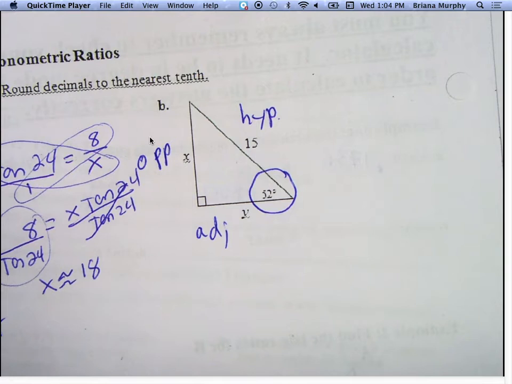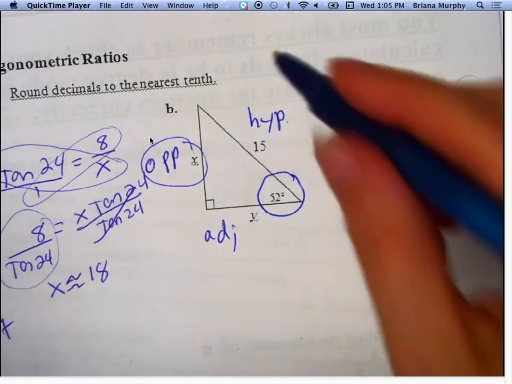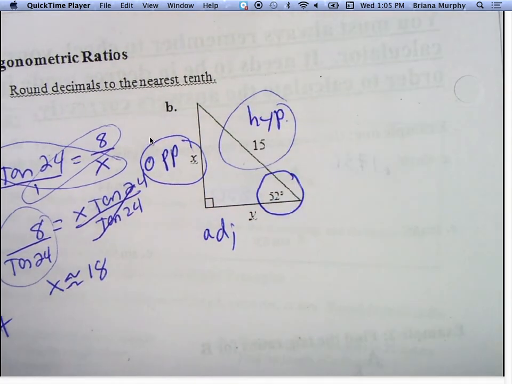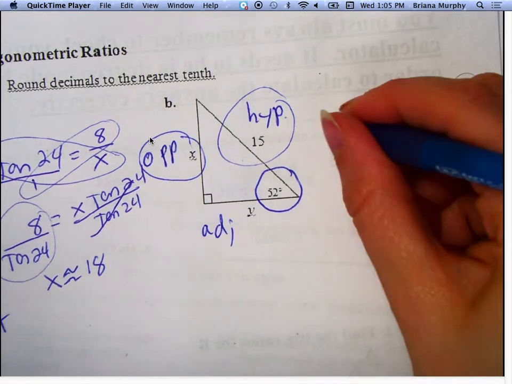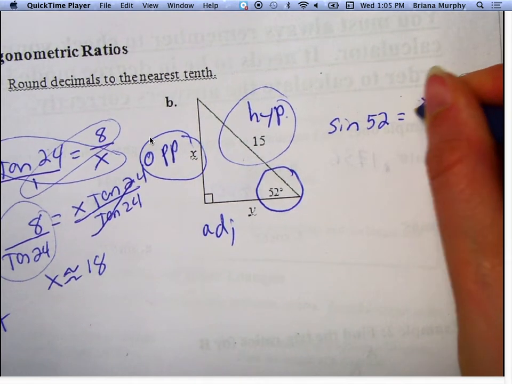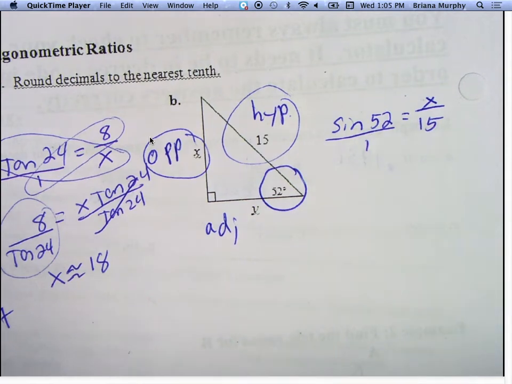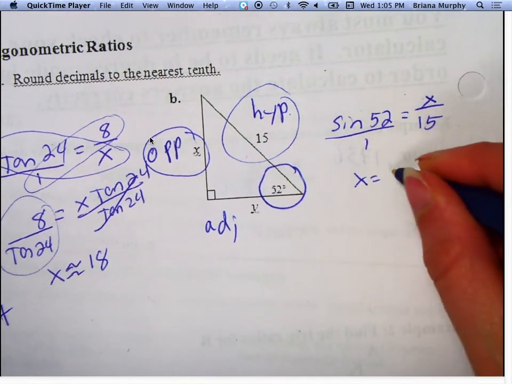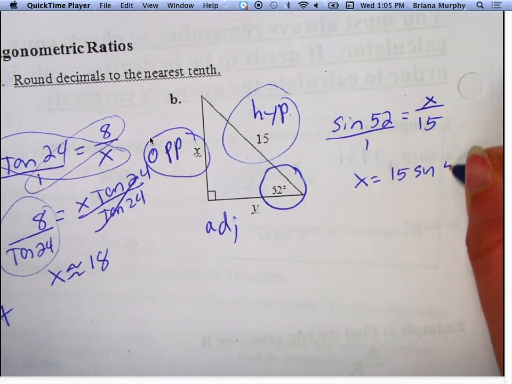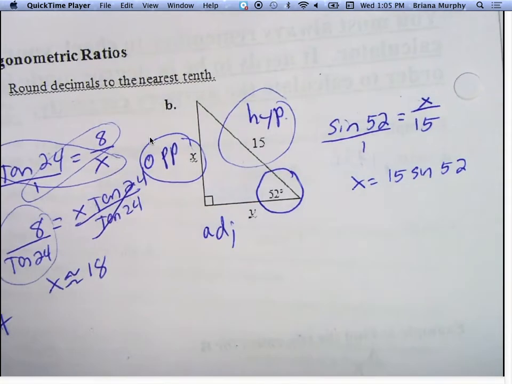Okay, so let's find x first. We've got opposite, and what other one has a number next to it? Hypotenuse. What's opposite and hypotenuse? Sine. So the sine of 52 equals opposite x over hypotenuse 15. We make a 1 underneath, and then we're cross multiplying again. x equals 15 sine of 52, which gives us what? 11.8.